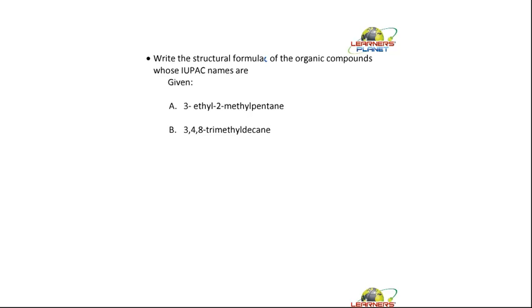These are, first, 3-ethyl 2-methyl pentane. So what I'll do is I'll write here. The name was A: 3-ethyl 2-methyl pentane.